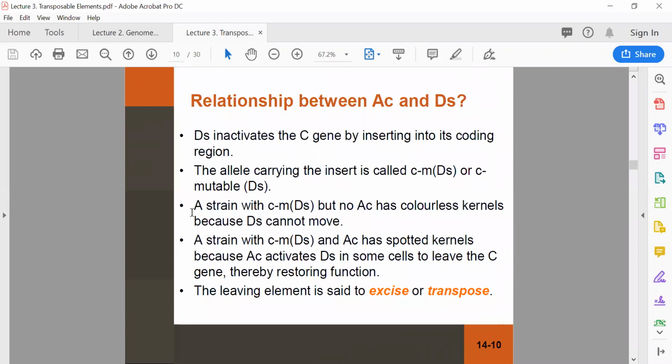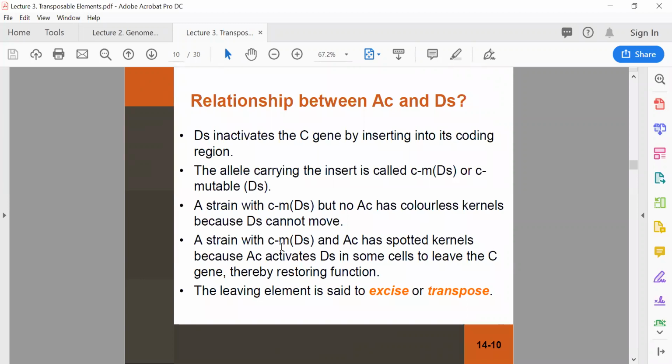A strain that has the C mutable DS but no activator element, no AC element, will have just completely colourless kernels because the DS cannot leave on its own without the AC present.